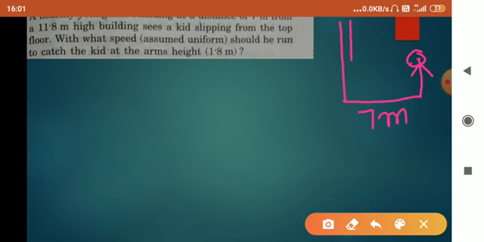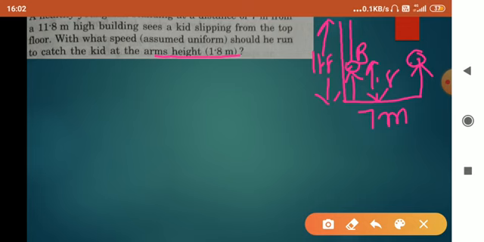So consider that at point B, this man catches the kid. And this point B is at a distance of 1.8 meter from the ground. So the arm height is given as 1.8 meter and the building is 11.8. Clear? So at point B, that is 1.8 meter from the ground, the kid should be caught.